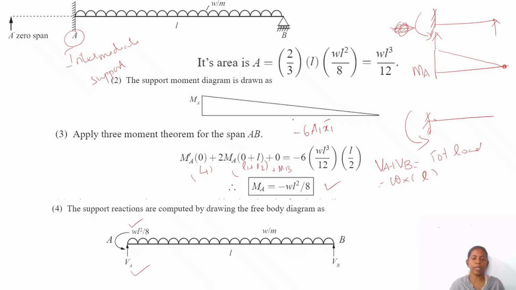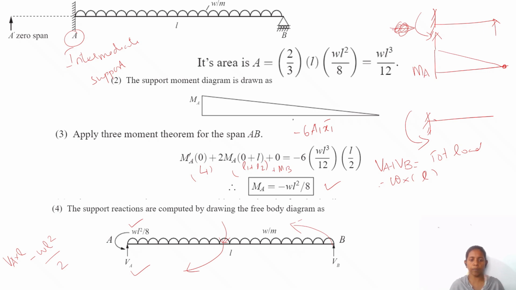If you take moment about A equal to 0, how can you write it? VB into the perpendicular distance L, I am considering this direction as positive. The load is rotating in the opposite direction to VB, so minus WL square by 2. W into L is the loading and the centroidal distance is L by 2. And consider this is a moment.